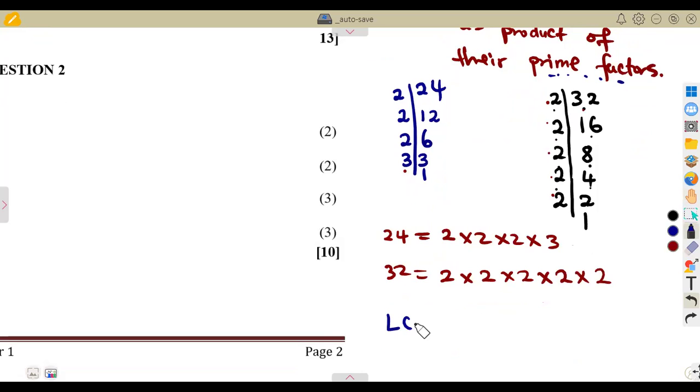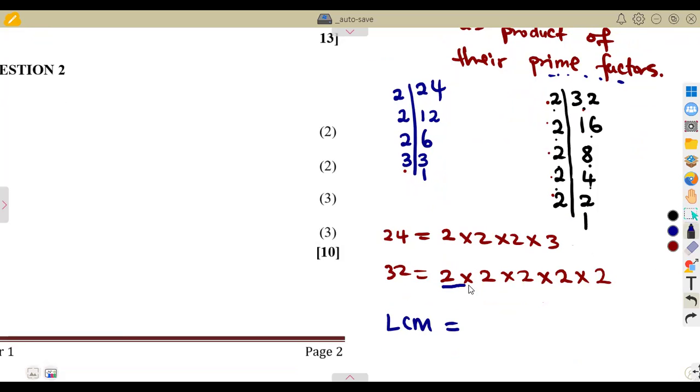If you leave it like this, how do you determine the LCM? The LCM, remember, it's a multiple. It consists of everything. All values must be in that multiple. It's a number which consists of every given number. So this is how you take your LCM.